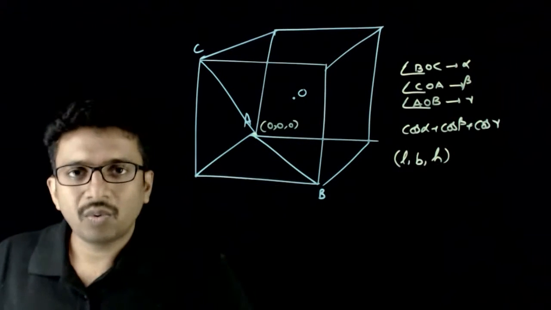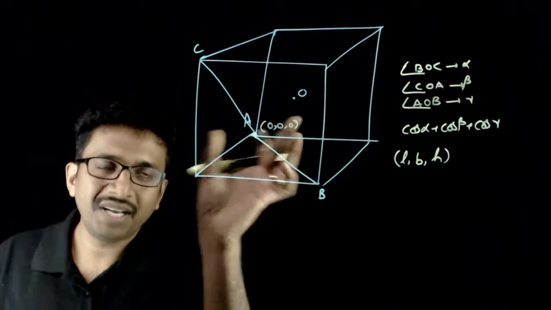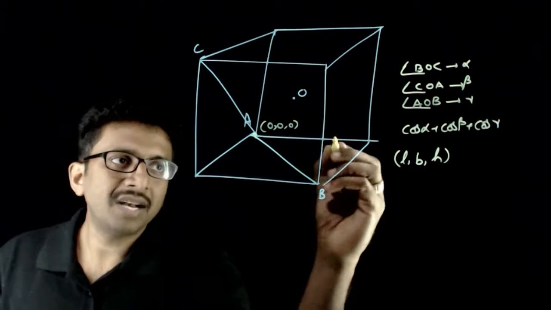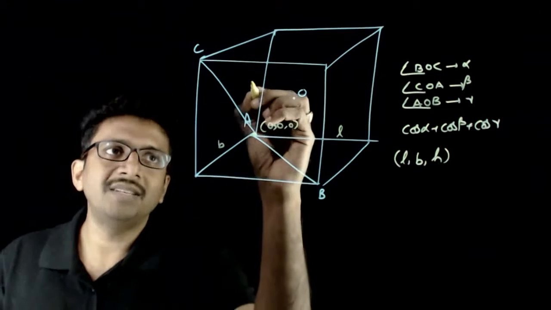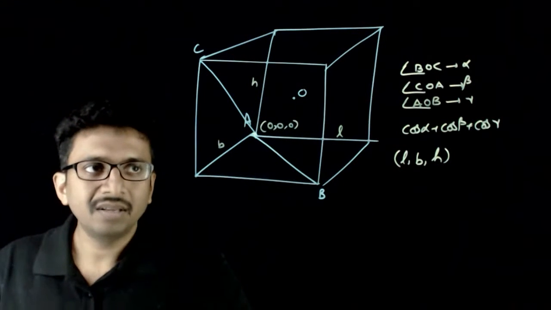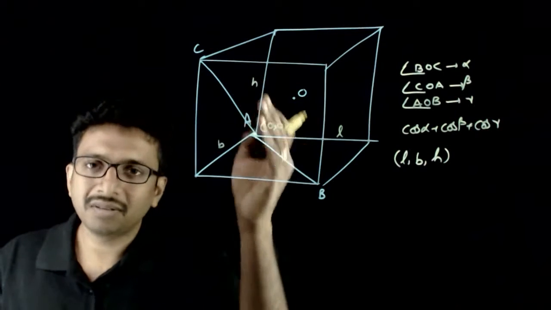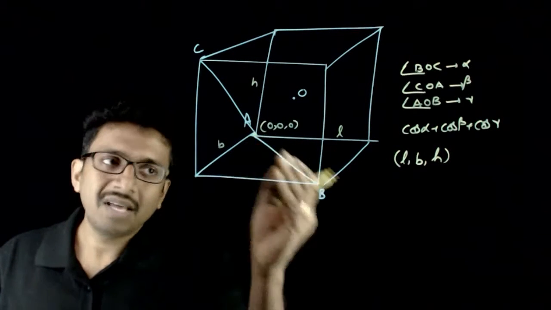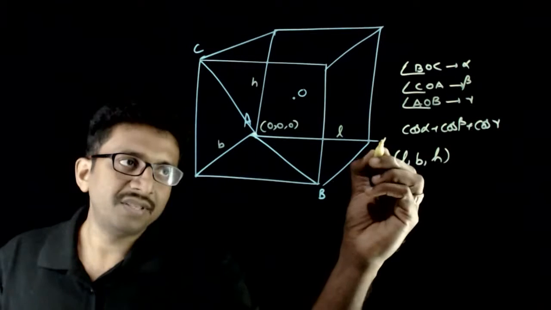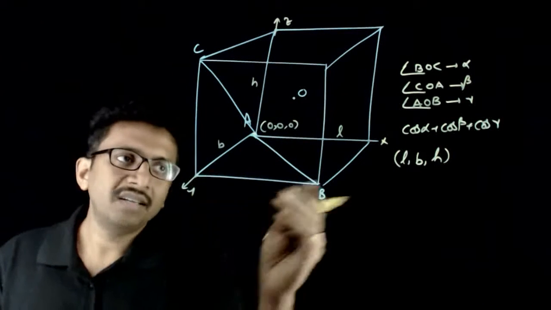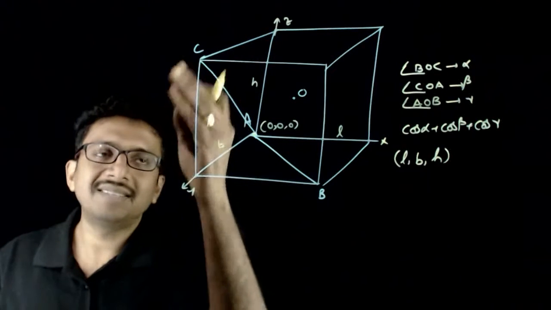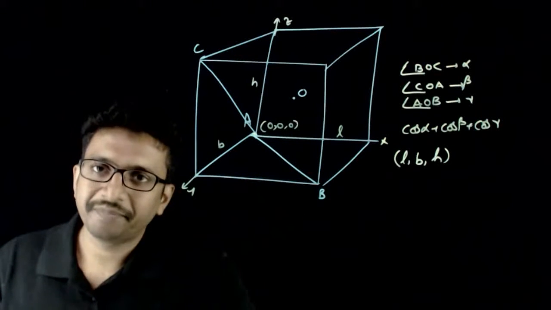So let one of the vertices be taken as 0, 0, 0. Let this be the length, this the breadth, and this the height. If the edges are along the coordinate axes, with x, y and z, obviously B will be in the xy plane and C will be in the yz plane.